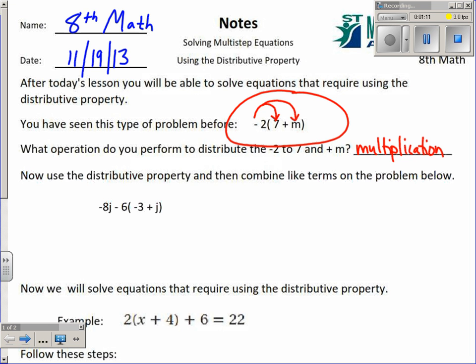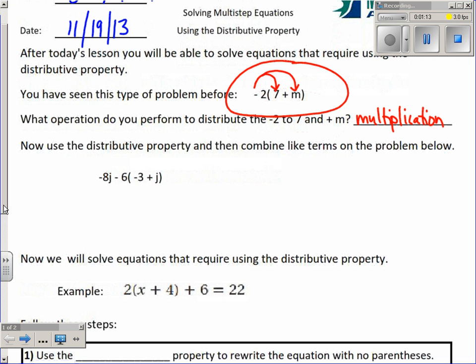All right, next one, use the distributive property and then combine like terms on the problem below. So this -8j, we cannot do anything with that yet. There's no parentheses next to it, so that's not going to get distributed. We're just going to bring that straight down. But this -6 here can be distributed times the -3 and then times the j. So a -6 times a -3 is a positive 18.